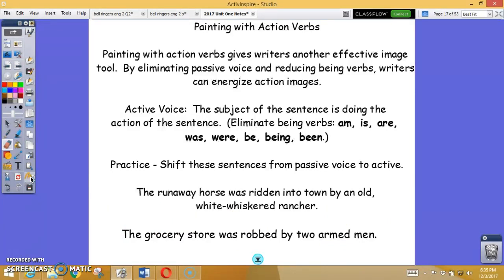What we need to do is adjust it so that we're now saying the two armed men, all right, robbed the grocery store. Okay, so we get rid of this altogether. Okay, the 2 armed men robbed the grocery store.